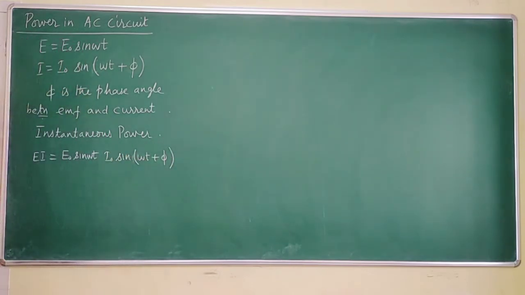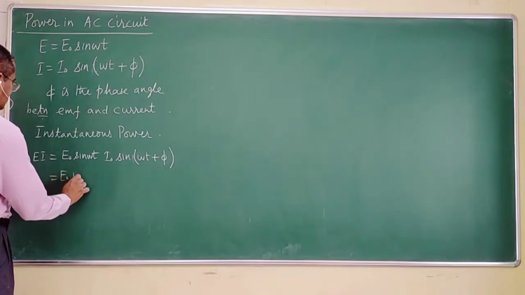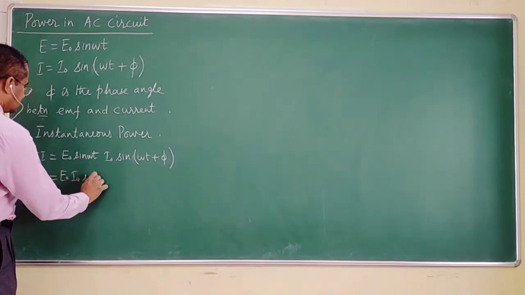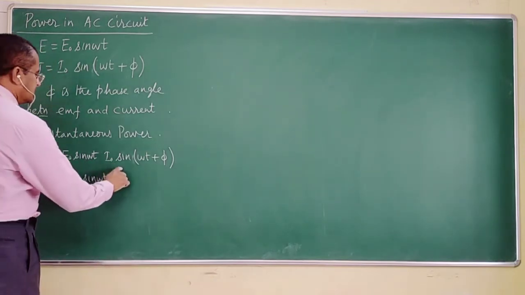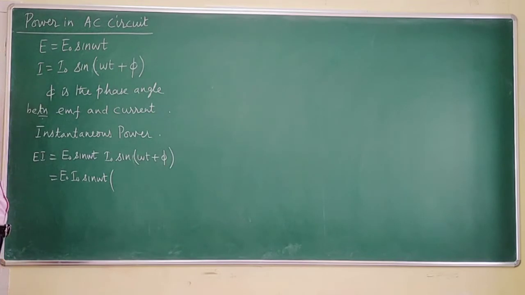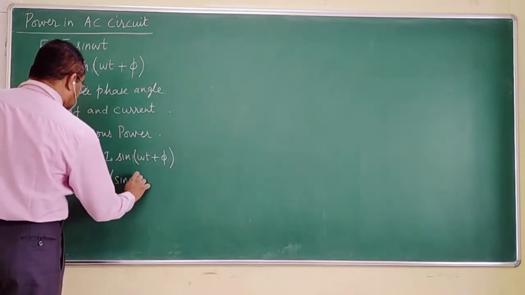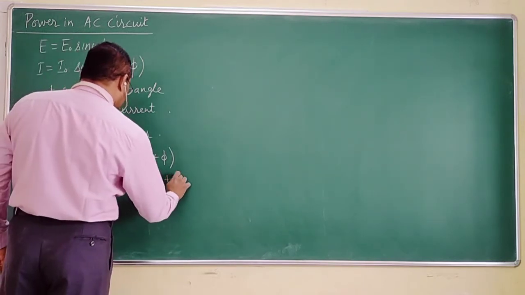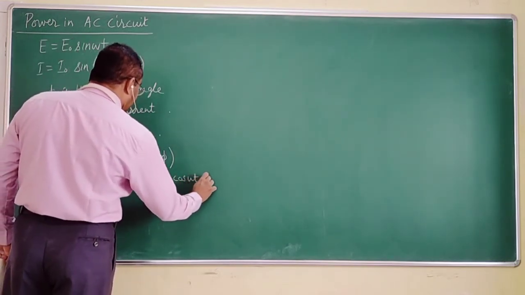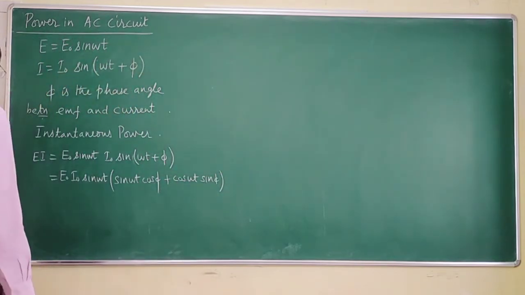Is that okay to you, sir? Now this will be equal to E naught I naught sine omega t, bracket open. This can be expanded in the form of sine A plus B. Therefore, sine omega t cos phi plus cos omega t sine phi. Right, sir?